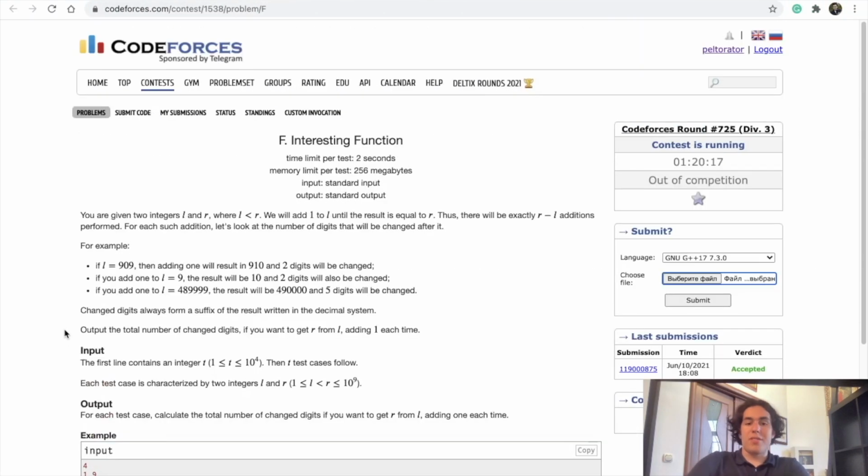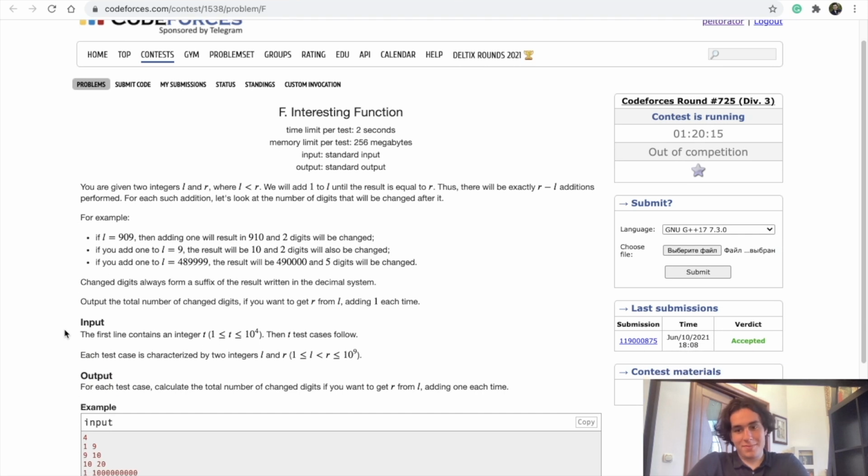Okay, problem F was super easy. As I said, the first thing that comes to mind is that we should take a different perspective for this process. We should not find the sum of numbers of digits that change every time, but for each digit find the number of operations in which this digit is changed.